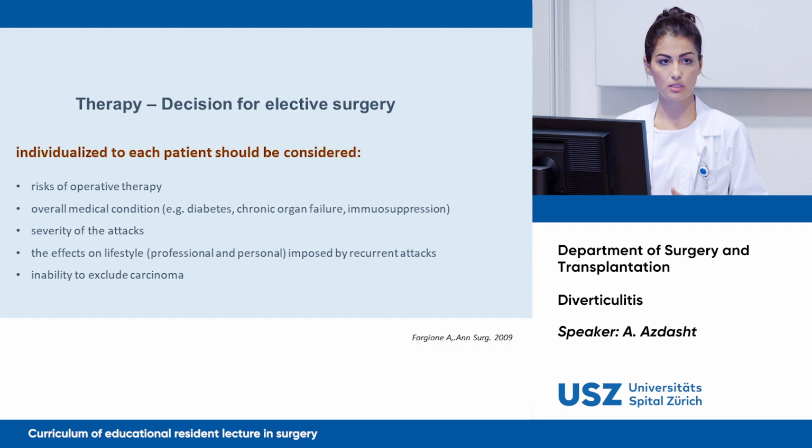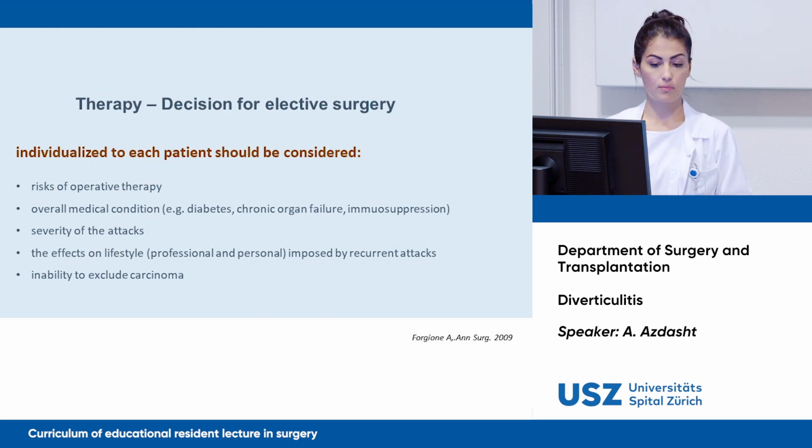Because sometimes patients are okay with the diverticulitis, they have mild diverticulitis, and they say, no, I'll take the antibiotics for some days and I'll be fine. Other patients feel frustrated and would like to go for surgery. Also, the fact of the inability to exclude a carcinoma is a trend to go for surgery.